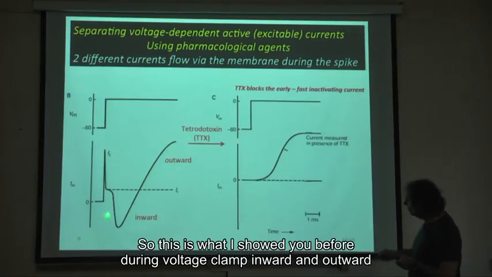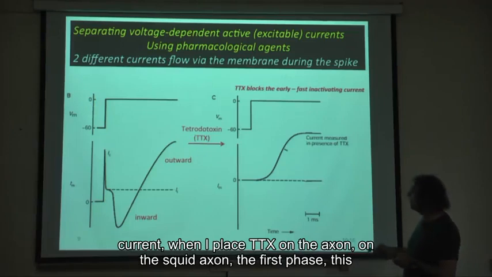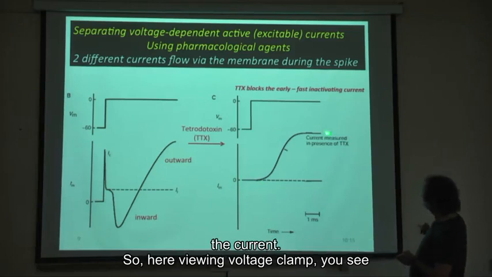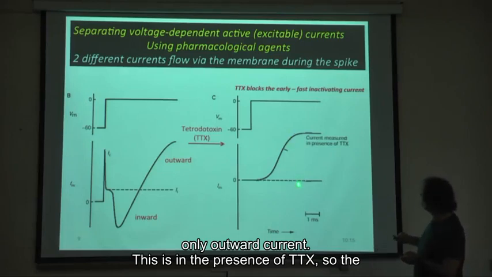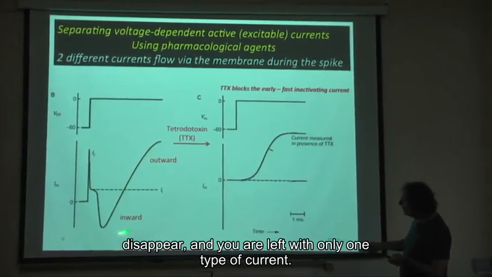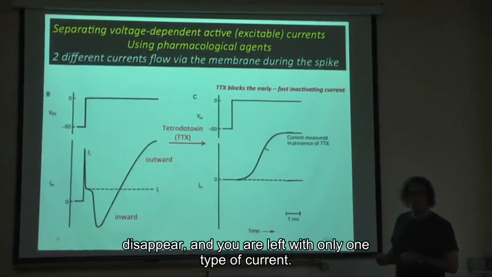During voltage clamp inward and outward current, when I place TTX on the squid axon, the first phase, the inward phase disappears, and you are left only with the outward phase of the current. So here, during voltage clamp, you see only outward current. This is in the presence of TTX. So the early fast activating, inactivating current disappears, and you are left with only one type of current.